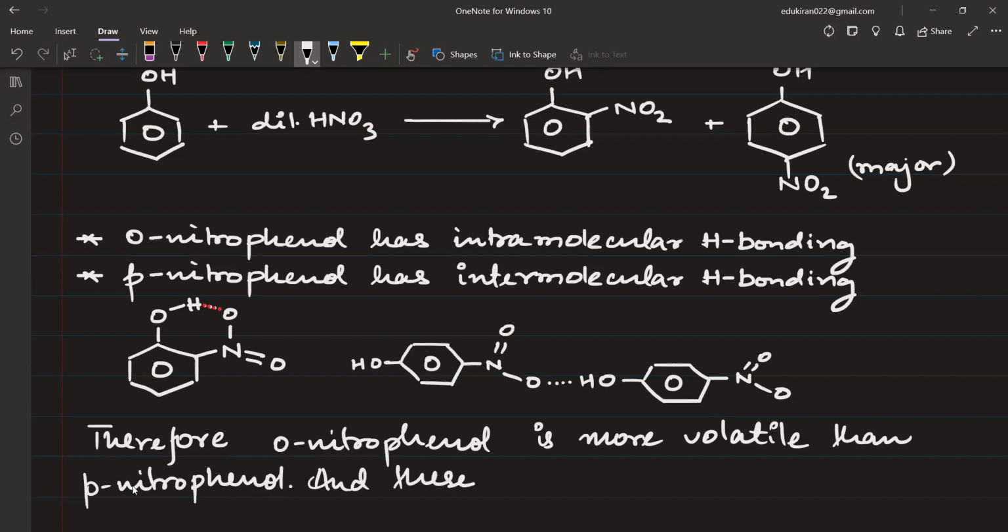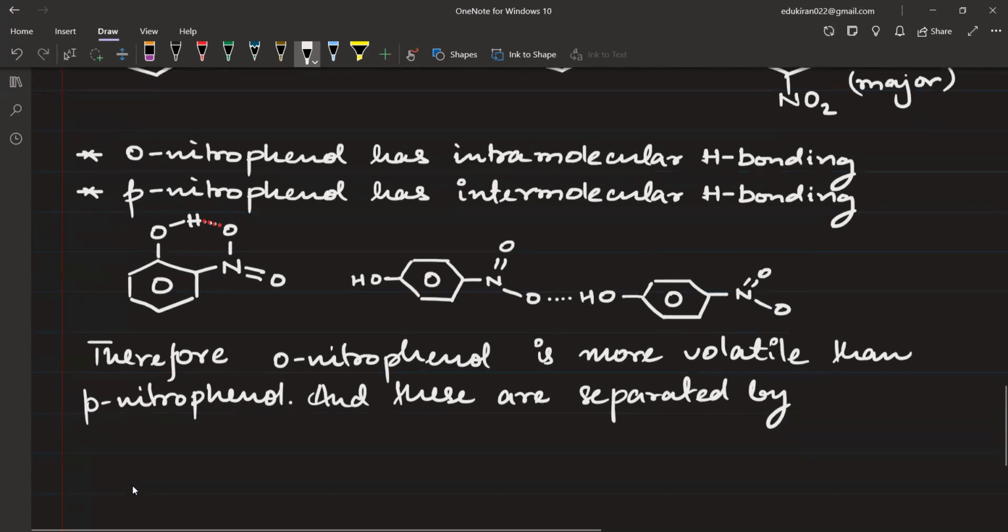And these are separated by steam distillation.